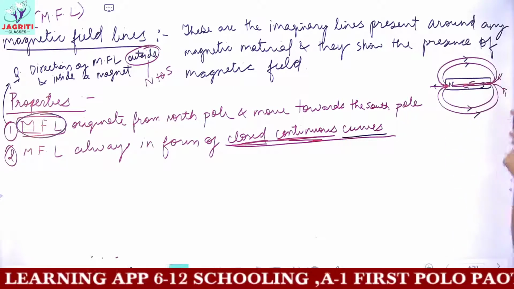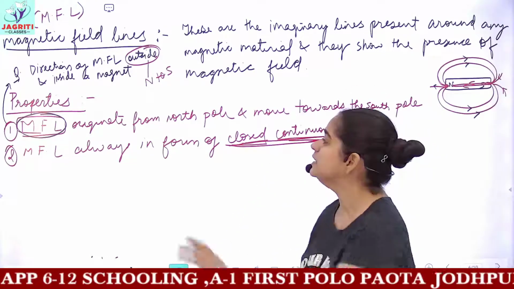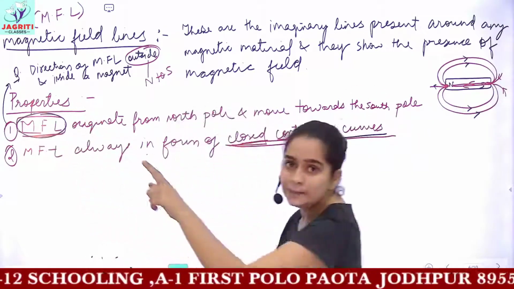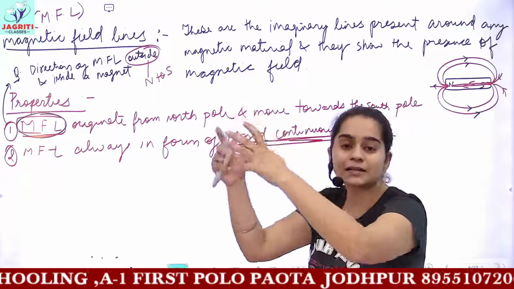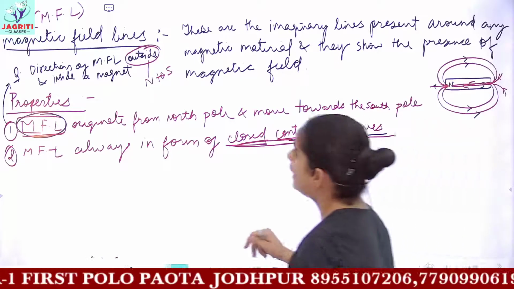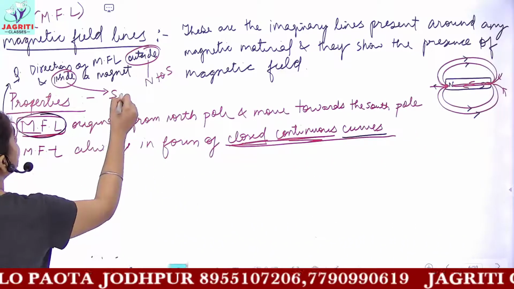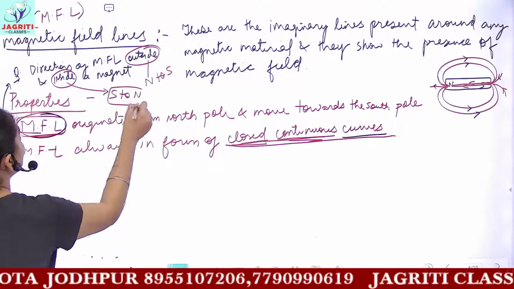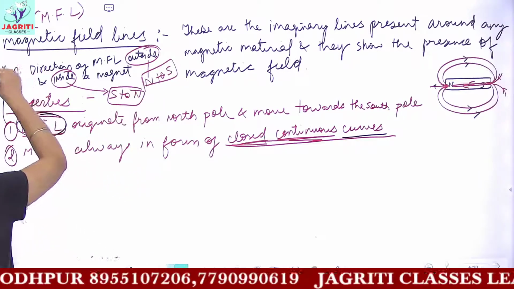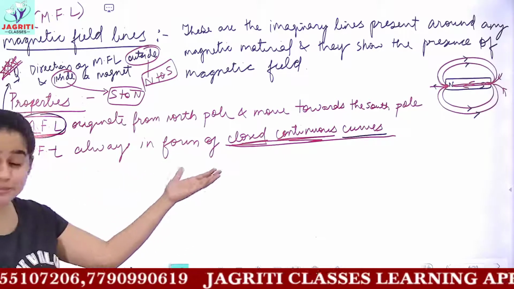So please remember this. This is a very frequent question which is asked in examinations. What is the direction of MFL in a magnet, outside the magnet and inside? So outside it is from north pole to south pole, and inside the magnet, magnetic field lines move from the south pole to the north pole. So please remember, it is very important, you can star mark the question here. I hope this is clear now.